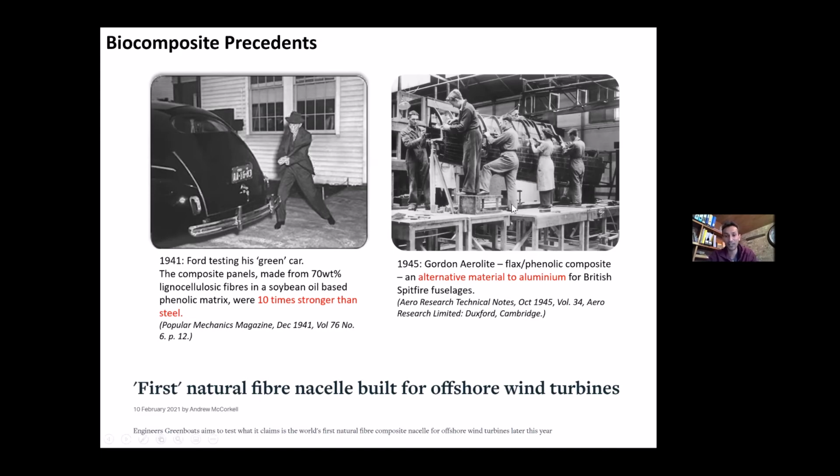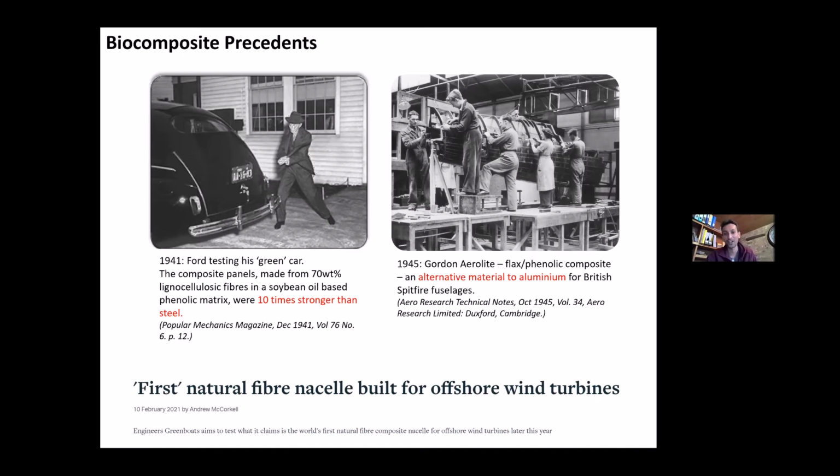Similarly, in the UK, very close to here in Duxford, Cambridge, they were developing Gordon Aerolite, which is a flax phenolic composite for constructing Spitfire fuselages as a replacement for aluminum. And again here, the specific strength and stiffness of the material was critical. There are quite a few applications around the world.